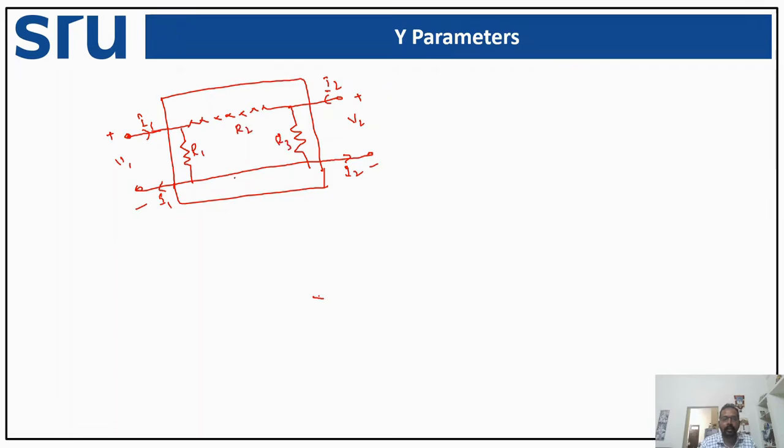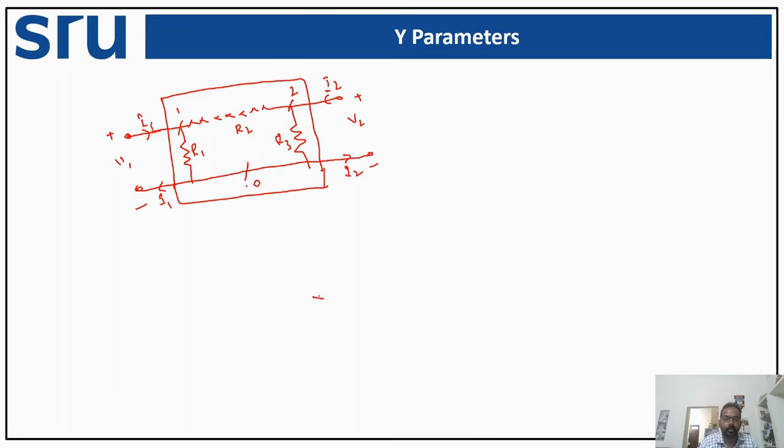Now let us apply nodal analysis. The first step in nodal analysis is to identify the nodal voltages. How many nodal voltages do we have? We have 3 nodes: the first one, second one, and third one.